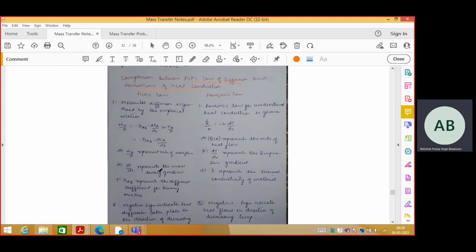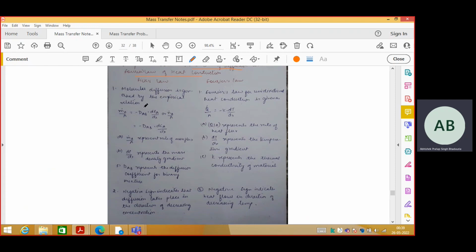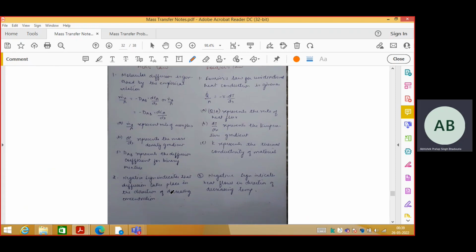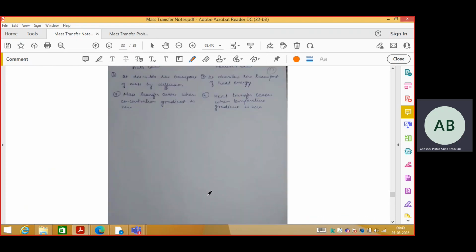The second difference is the negative sign: in Fick's law it indicates that diffusion takes place in the direction of decreasing concentration, whereas in Fourier's law the negative sign indicates that heat flow takes place in the direction of decreasing temperature.